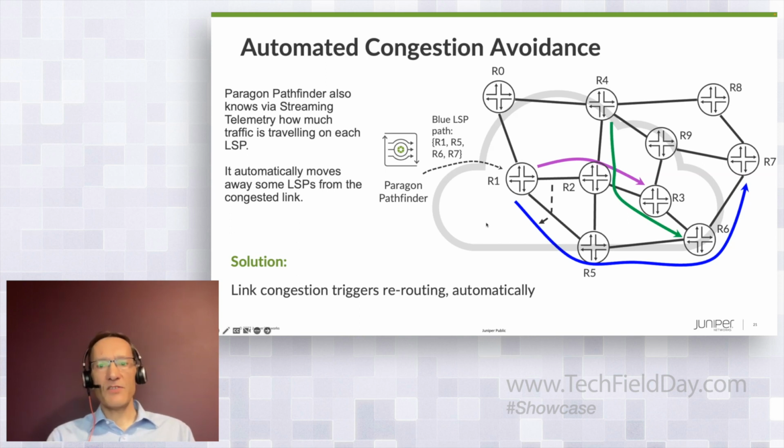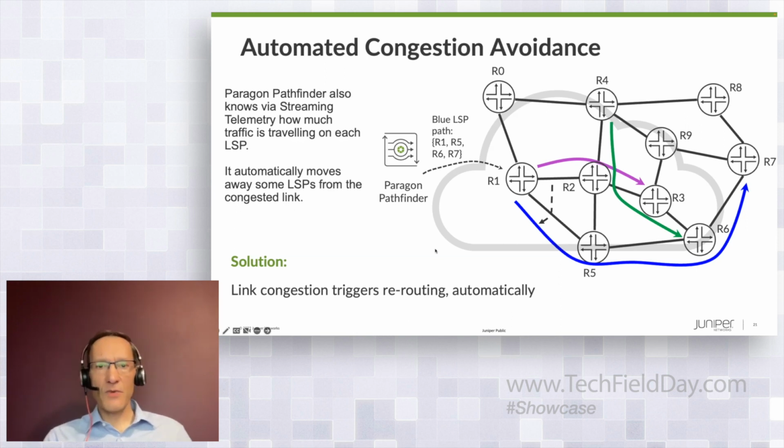And that PCEP message contains the new path of the LSP. And so in this example, it's R1, R5, R6, R7. Because of course, it's Pathfinder that's determining the new path of the LSP because it's best placed to know what path to move it onto, because it can see the traffic levels around the network. And so then R1 responds by moving the LSP accordingly.